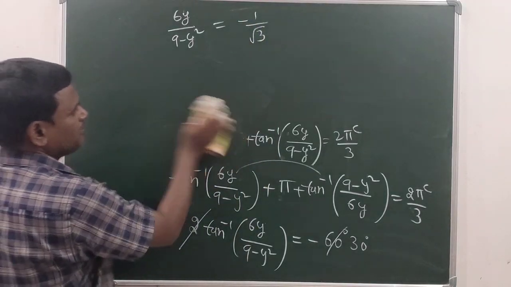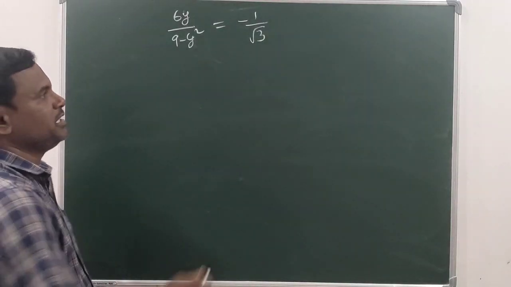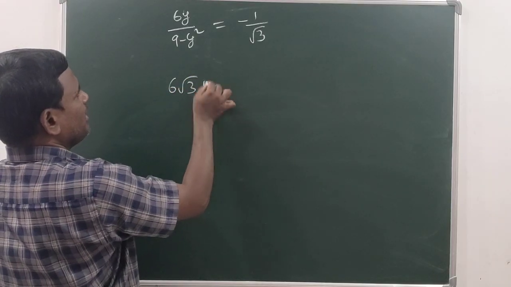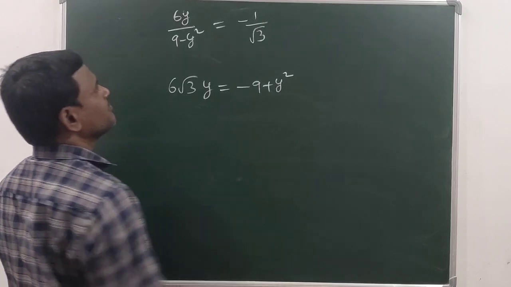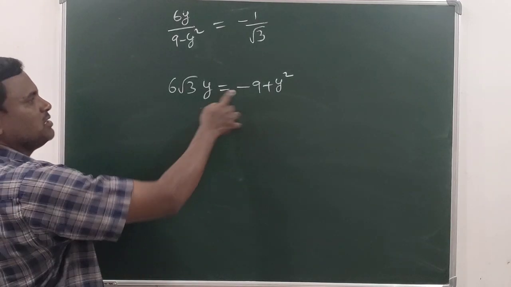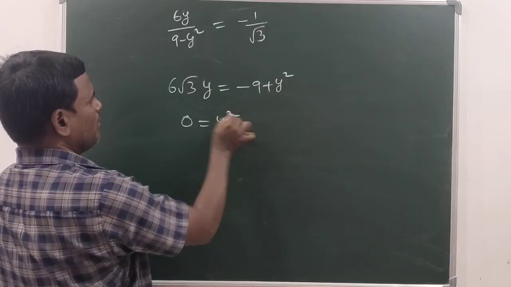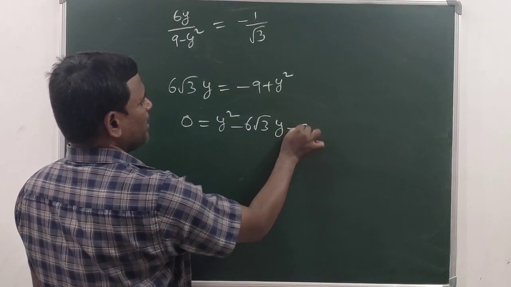Now simplify that. Take cross multiplication. So 6 root 3 y is equal to minus 9 plus y square. Transfer this one to the right side, so that here you will get 0. Now y square minus 6 root 3 y minus 9.